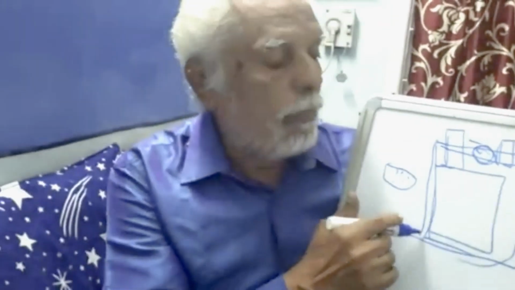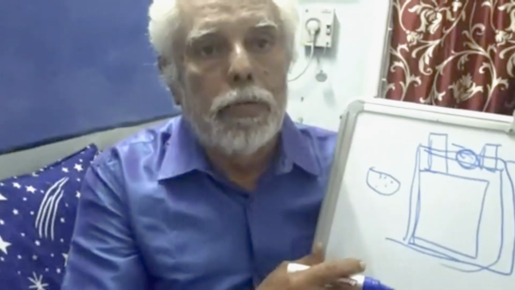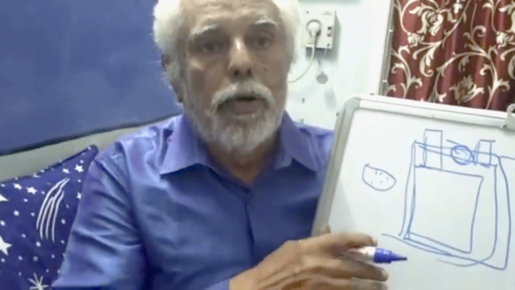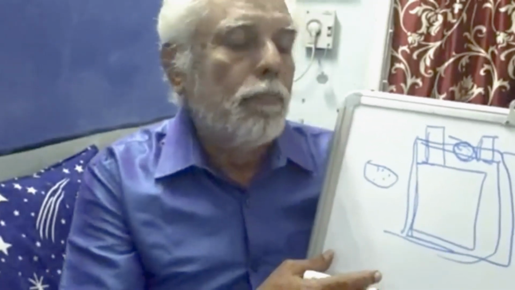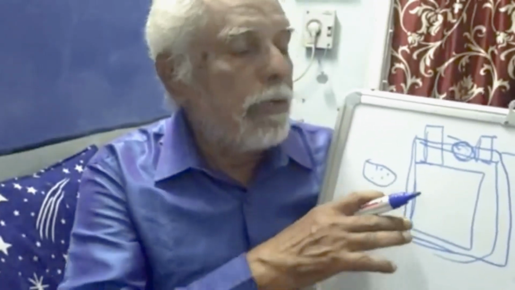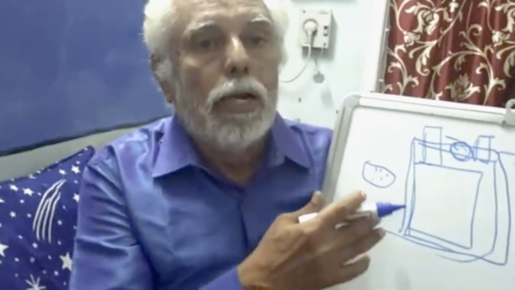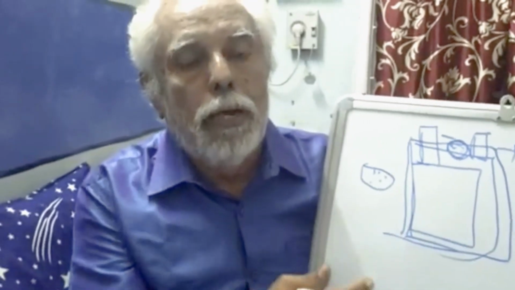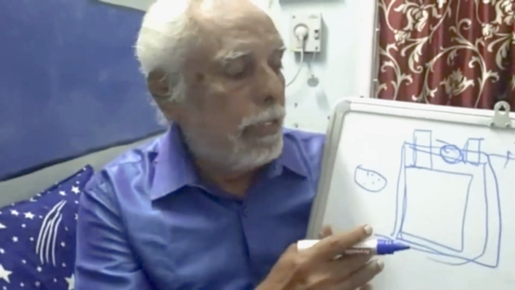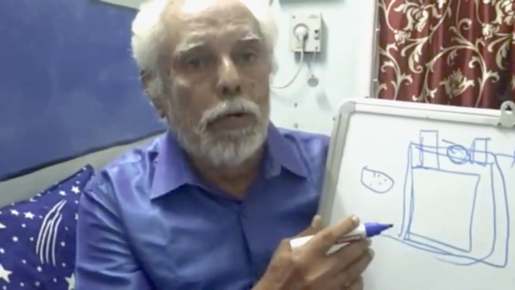Suppose in a small aircraft, the aircraft is going for maneuvering, at that time the battery will be inverted. What will happen is that through this hole the electrolyte will spill all over the place. To avoid that, there is a non-spill vent plug.